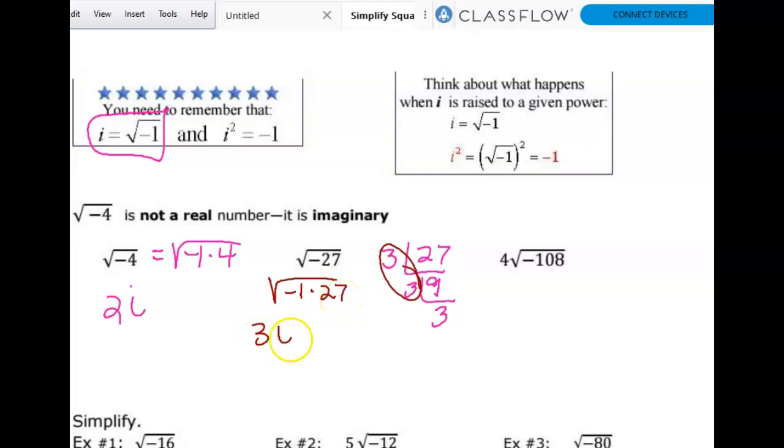So I'm going to get 3i and the square root of 3, because it's negative 1 times 27. Always, the i gets to come out. By definition, the i gets to come out. It's imaginary. It gets its own rules. So it gets to come out extra.